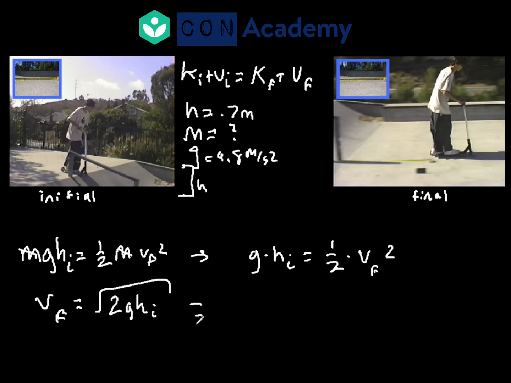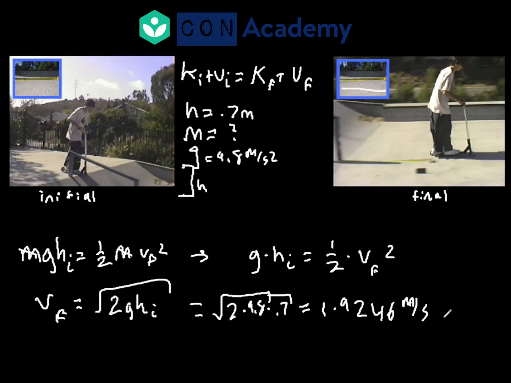Let's plug this in and see what we get. The square root of 2 multiplied by 9.8 multiplied by our initial height of 0.7 meters is equal to 1.9246 meters per second.